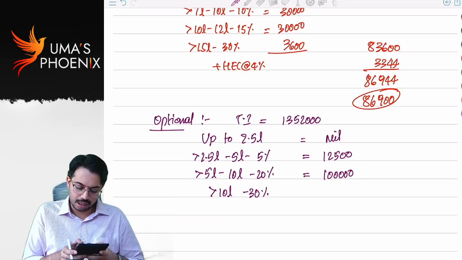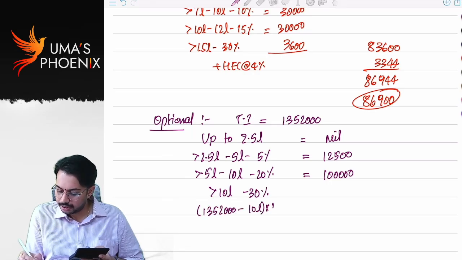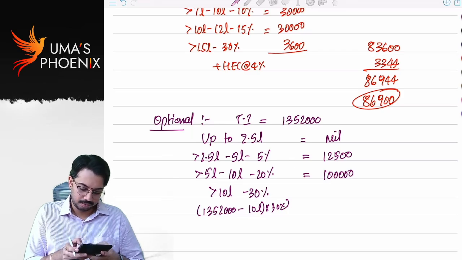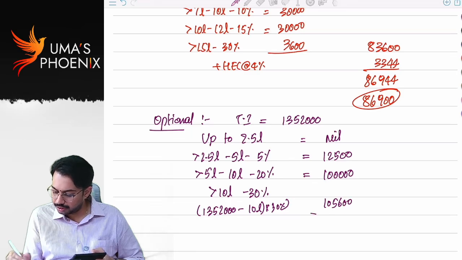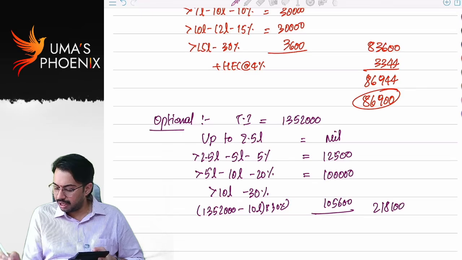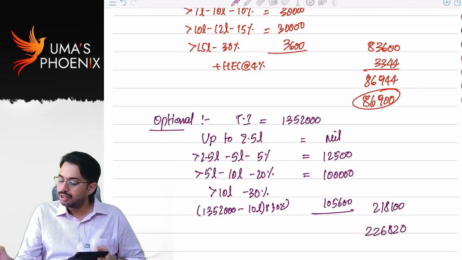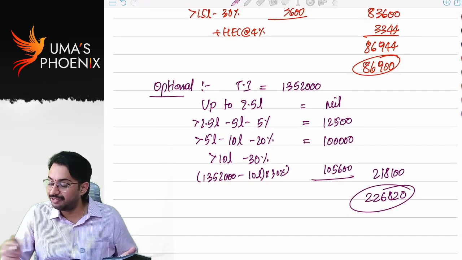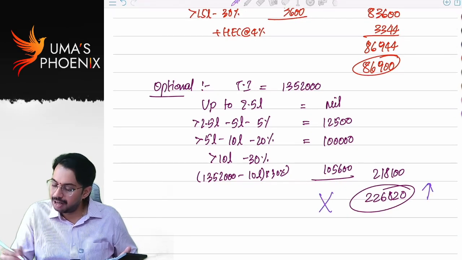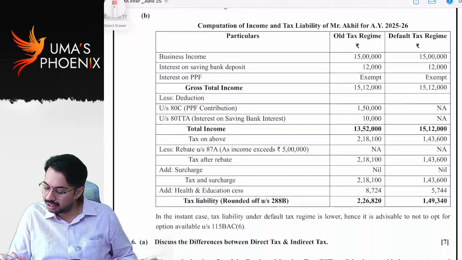So 13 lakh 52,000 minus 10 lakh into 30%, 1 lakh 5,000. So tax is 2,18,100. To this you need to add HEC. It will be 2,26,820. Under optional tax rates, tax is very high, so it is not beneficial. It is beneficial to choose default tax rates, 86,900. Correct.